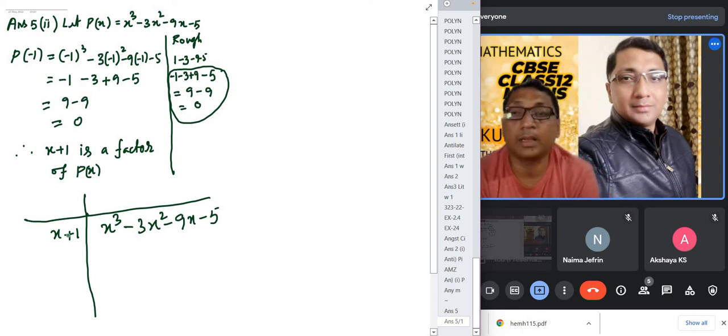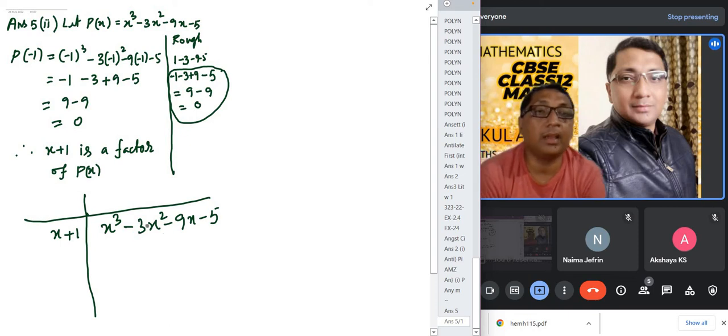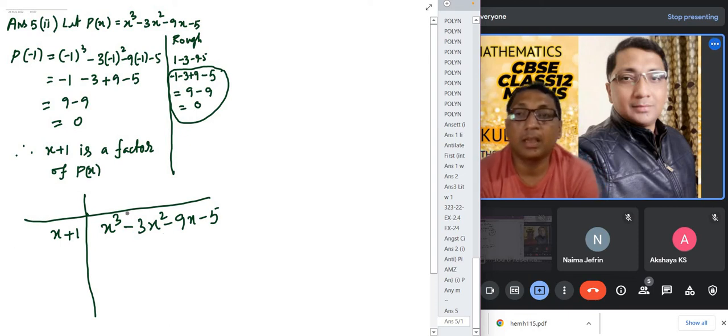Be careful about that. How are we dividing two polynomials? Already I explained in previous class. Its first term by its first term, if you divide, then what you will get? x square. So x square into x is x cube. x square into plus 1 is plus x square.